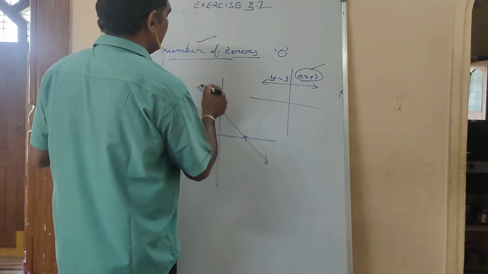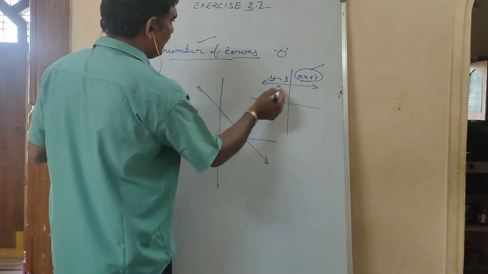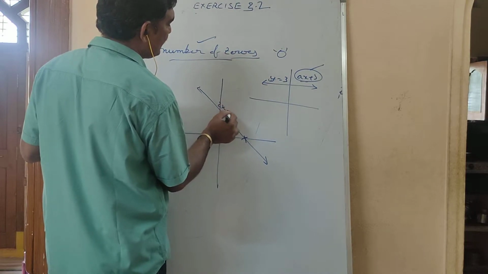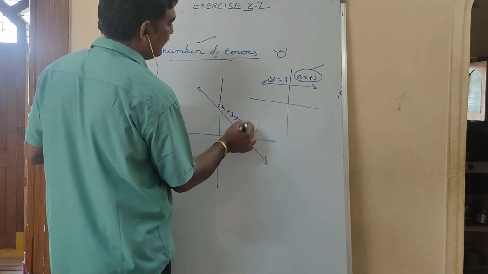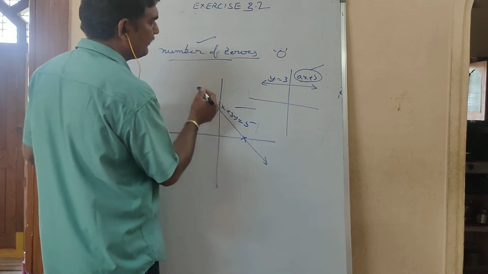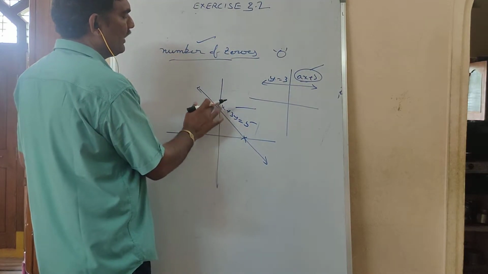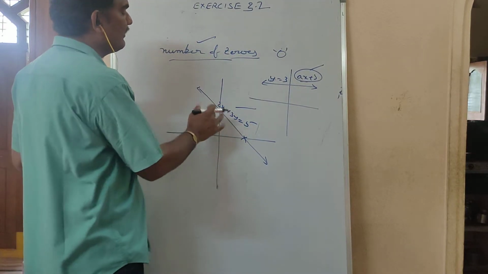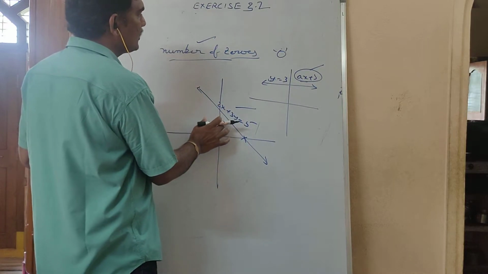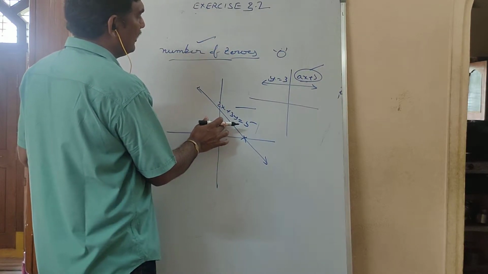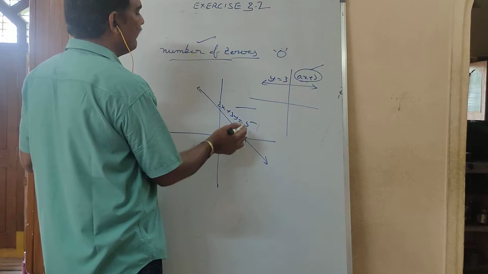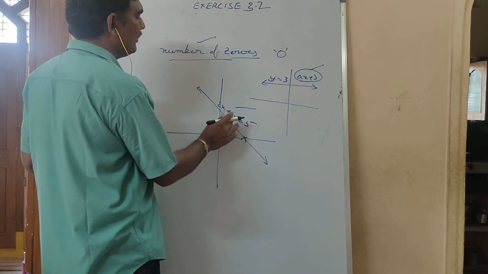And this is also like ax plus b. 2x plus 3y is equal to 5. It is one line. So here two variables are there, but it is a linear equation only. So for this, the number of zeros will be 1.